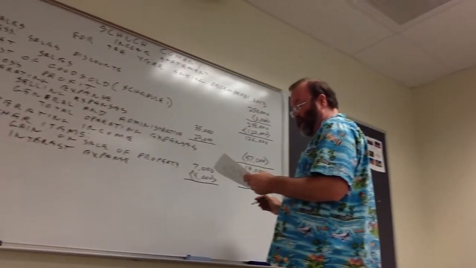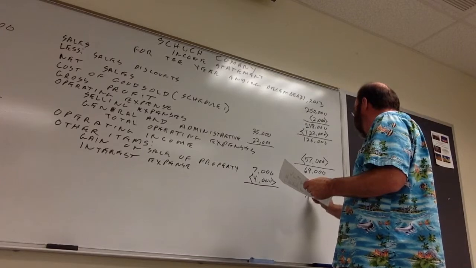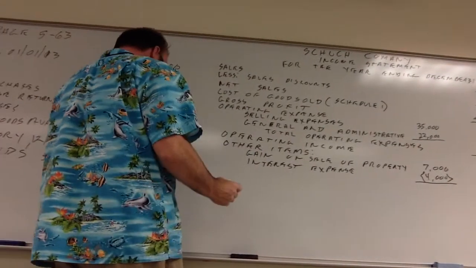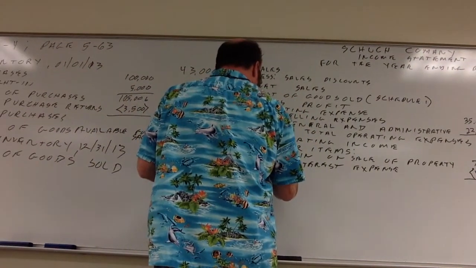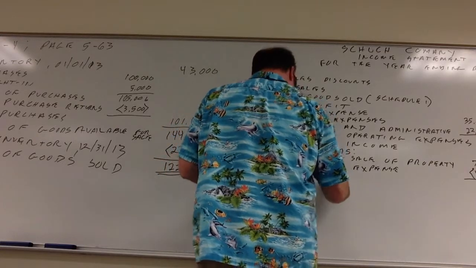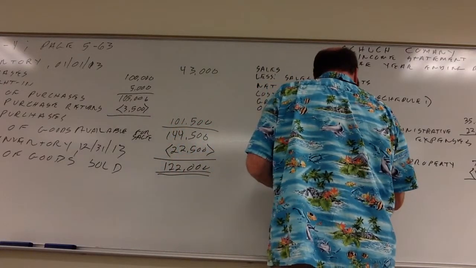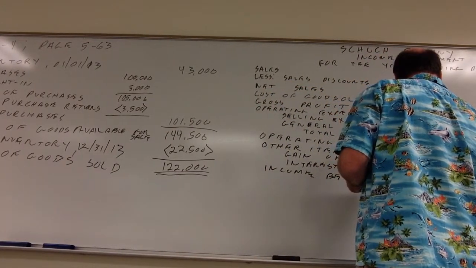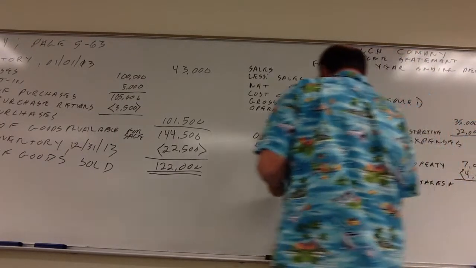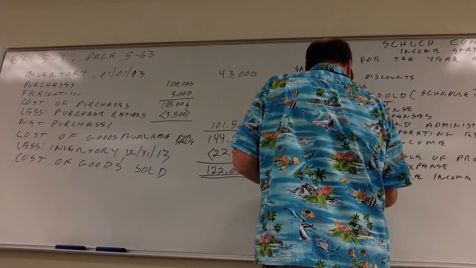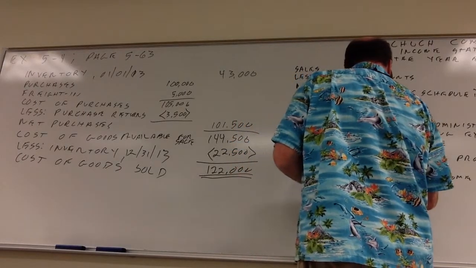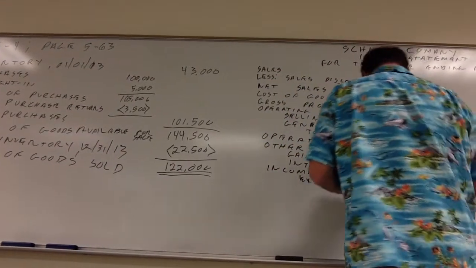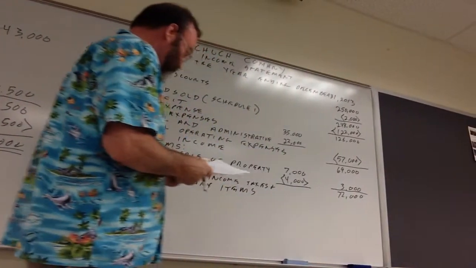Add that to our operating income, we get $72,000, which is income before income taxes and extraordinary items. Okay, so 72,000 is where we're sitting.